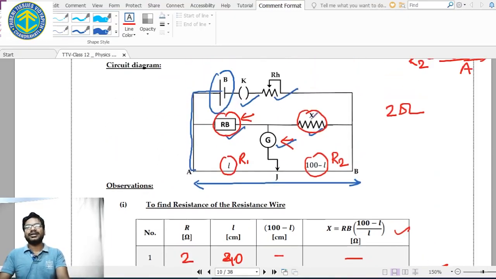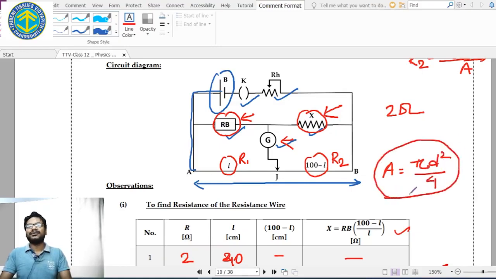As I said, we are going to use an unknown resistance called X. X is basically a short wire, nothing else, called the sample wire, and we have to find the diameter of the sample wire by using a screw gauge. Once we have the diameter, we have to find the cross sectional area A, and the formula is A equal to pi d square by 4.